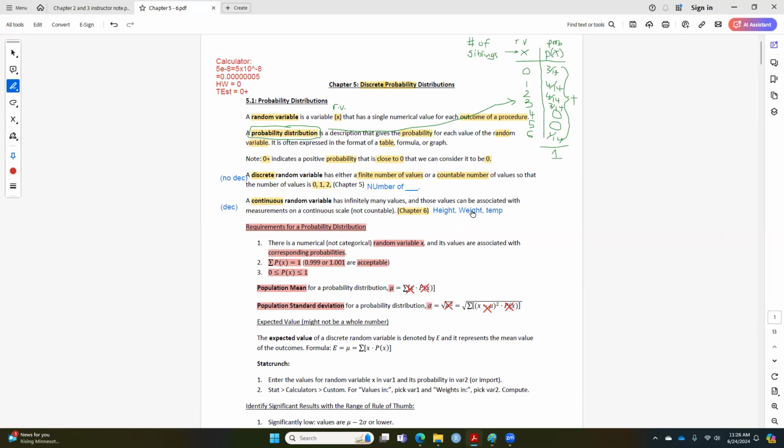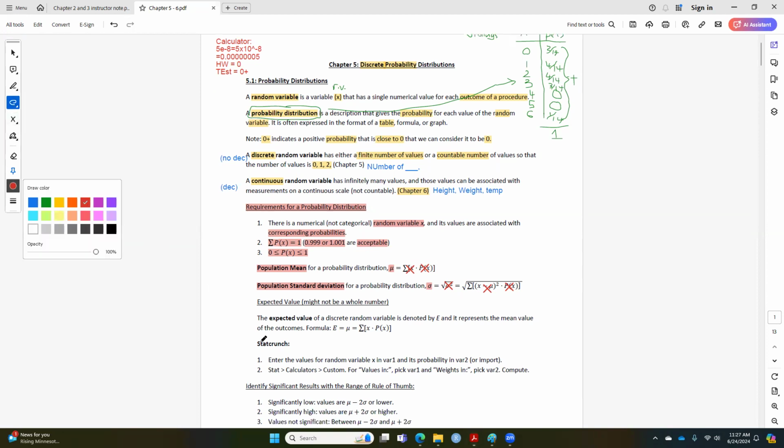If I go to another class, I can figure out the mean and standard deviation if I just use your class as a sample. Okay, so the question is, we don't use formulas, we use StatCrunch. That's the reason we don't want you to memorize all these formulas.